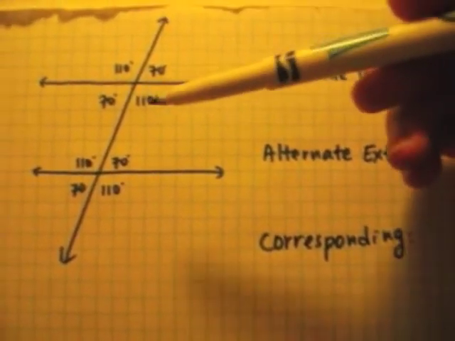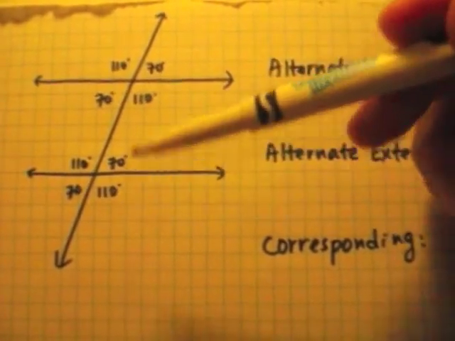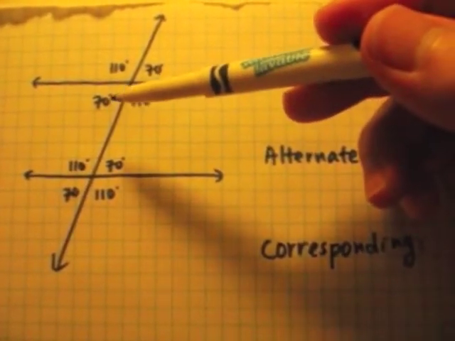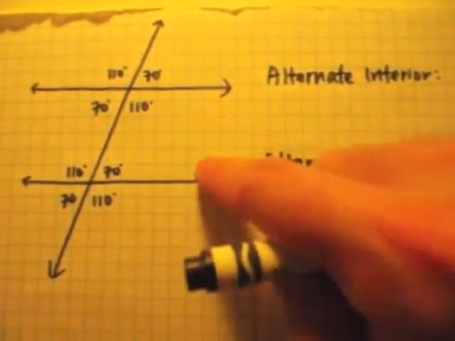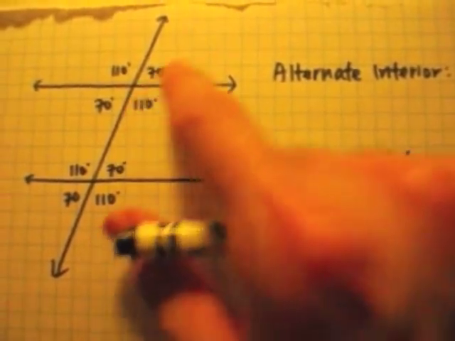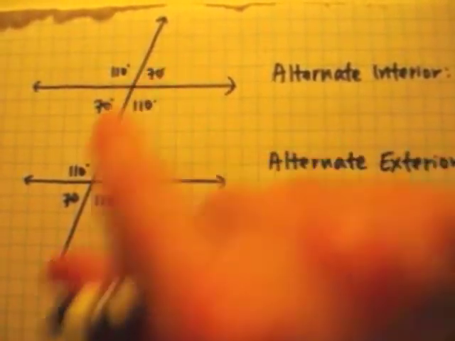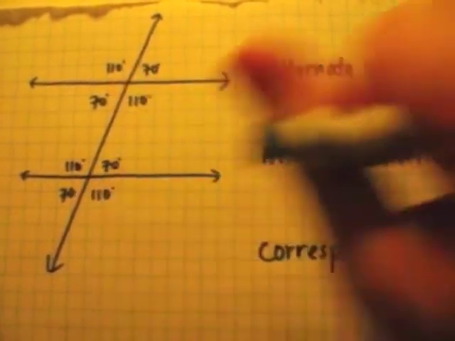So in the previous frame, we just explained how in this particular diagram, in this particular setup, assuming that these lines are parallel, we have so many congruent angles here, right? We have these 70-degree angles, these 70-degree angles, these 110-degree angles, these 110-degree angles.